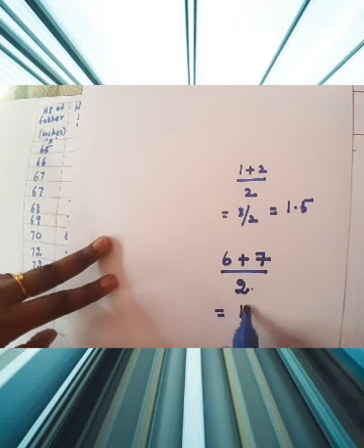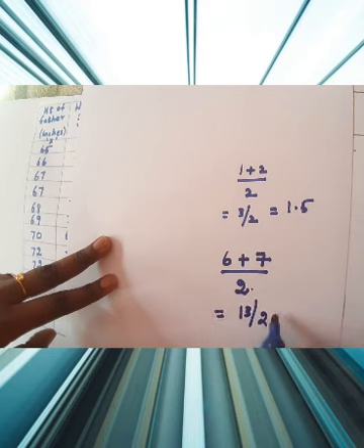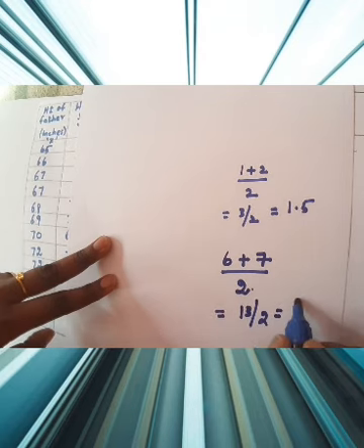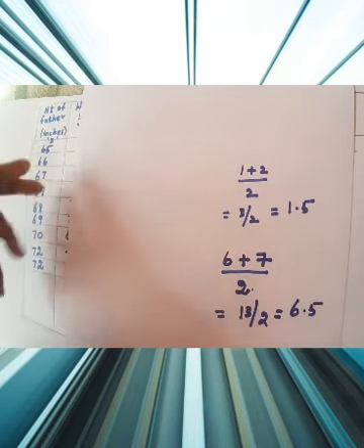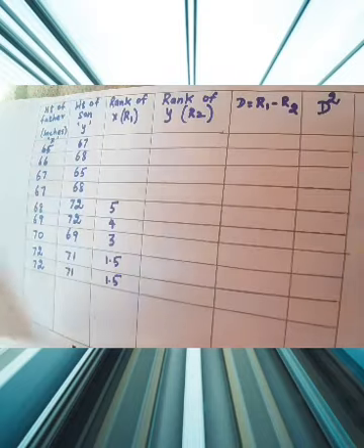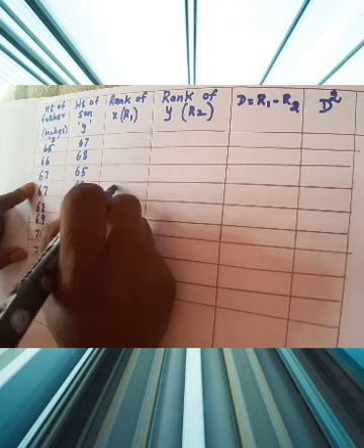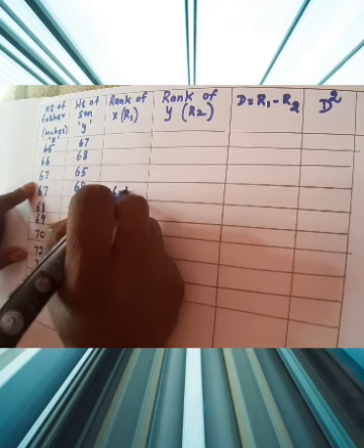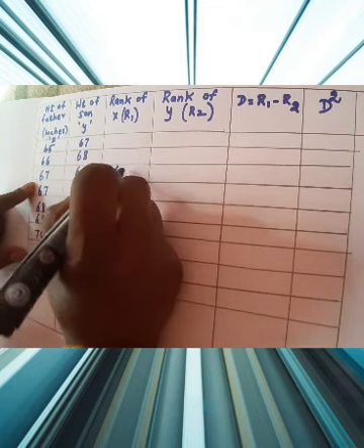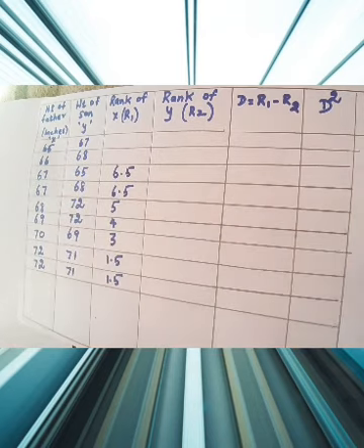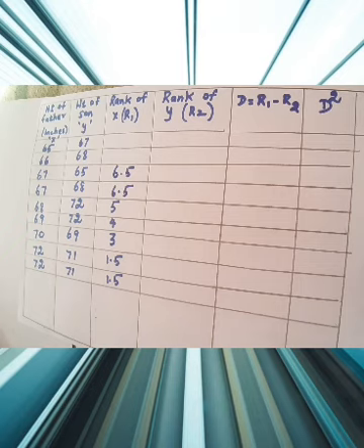So 6 plus 7 will give you 13 by 2, which is 6.5. So 67 and 67, both of them will get 6.5 each.